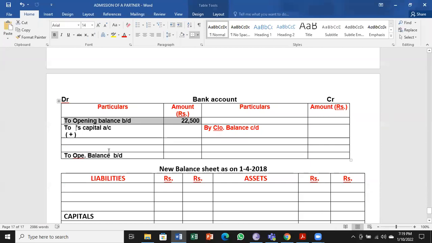Next, the new partner's capital account. Shyam is a new partner. He is getting 10,000 for capital and rupees 5,000 for goodwill. So total amount brought in by him is 15,000. That's it. We can go for totaling of the bank account.